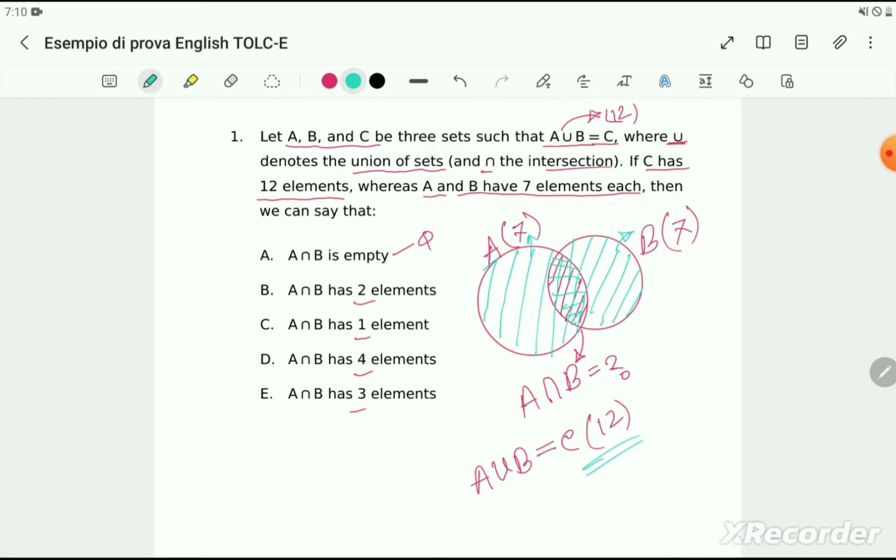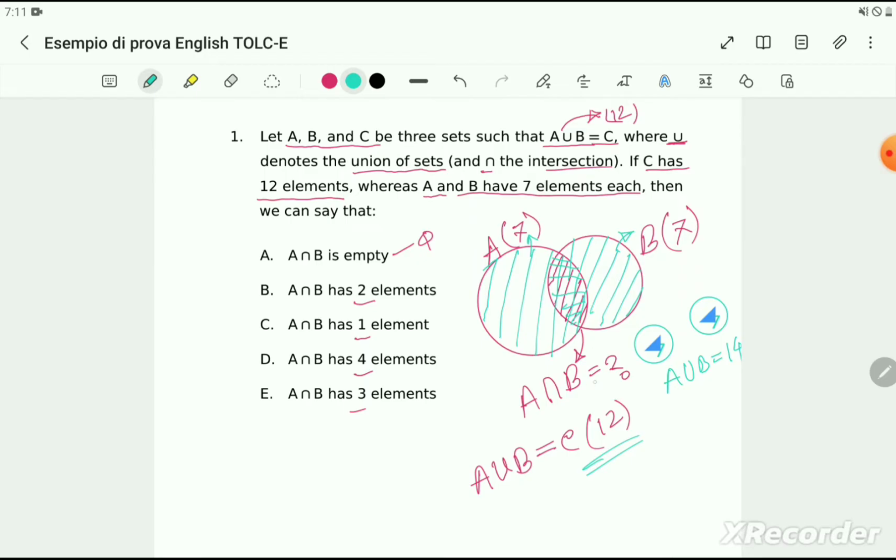If the 2 sets were disconnected, then each would have 7 according to the question. That means the total A union B would be 14, because there is no common intersection.